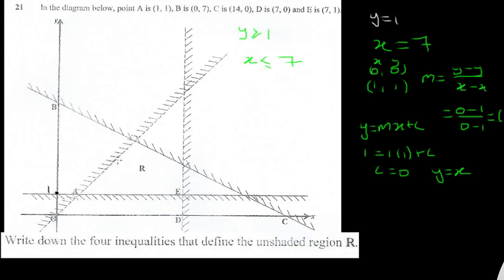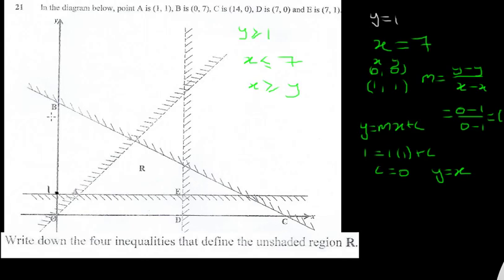We're interested in the parts that have x being greater than y, because if we were to pick this point, this is our point of interest, E. At E we have 7,1, and x is greater than y at that point. So we have x being greater than or equal to y. That is what we're interested in.